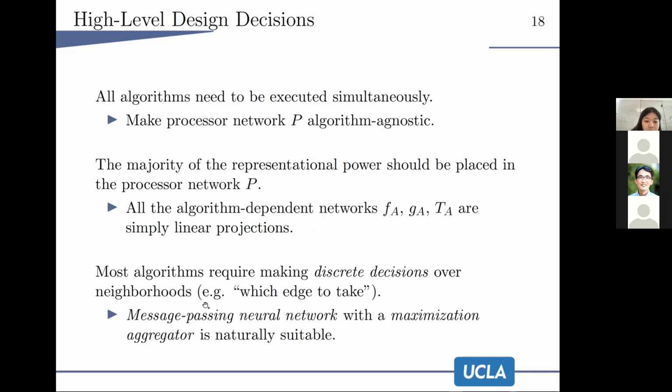And also because most algorithms on graphs require making some discrete decisions over neighbors, like which edge to take for the next step of computation, the message passing neural network, they claim, is a very suitable choice, especially when we use a maximization aggregator.